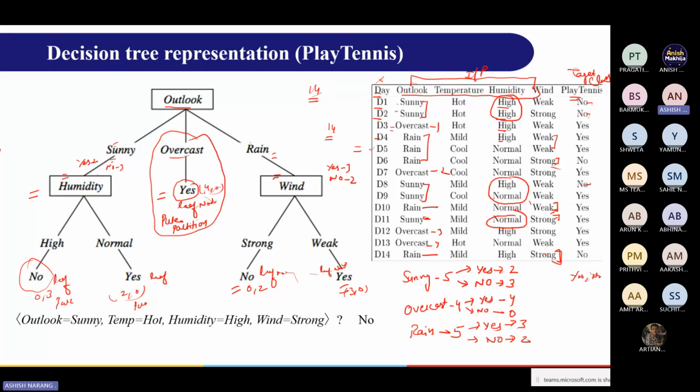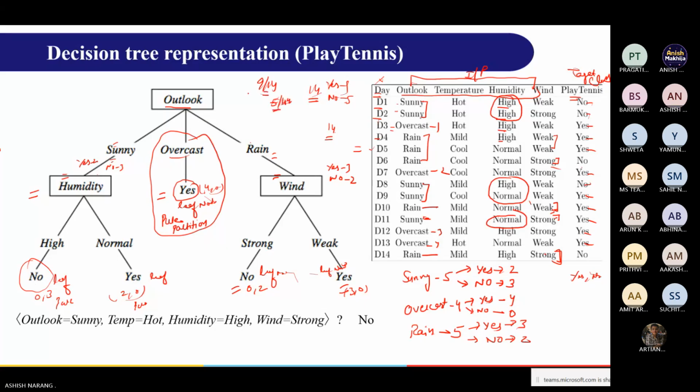Out of those 14, how many have yes values and how many have no values? 1, 2, 3, 4, 5, 6, 7, 8, 9. 9 have yes values, 5 have no value. So the probability of a class belonging to yes is 9 by 14, while the probability of a class belonging to no is 5 by 14. That's what we are calculating.